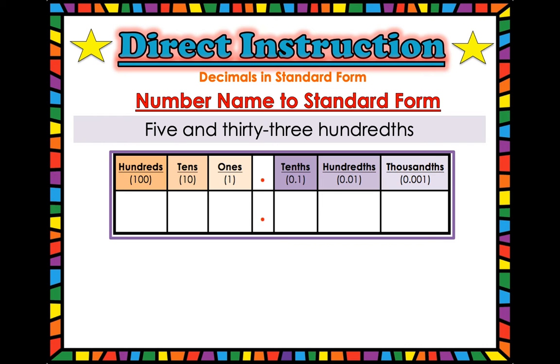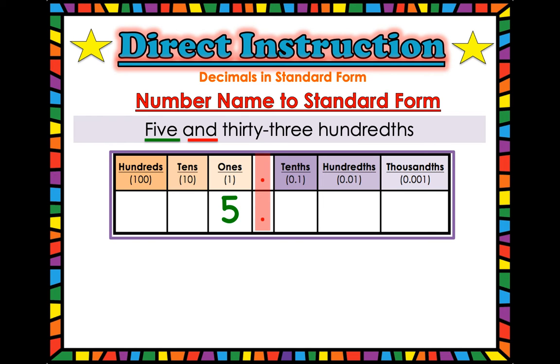So we know that that 5 is going to be in the ones place, because if you remember, the "and" represents the decimal. So 5 and every other number that comes after that "and" is going to be after the decimal. So it's 5 and 33 hundredths.